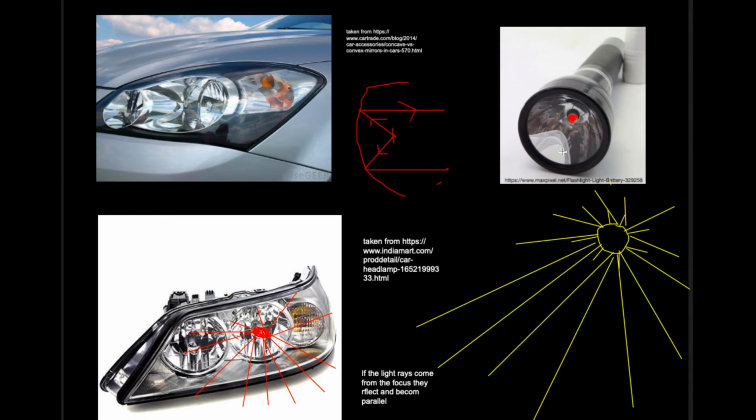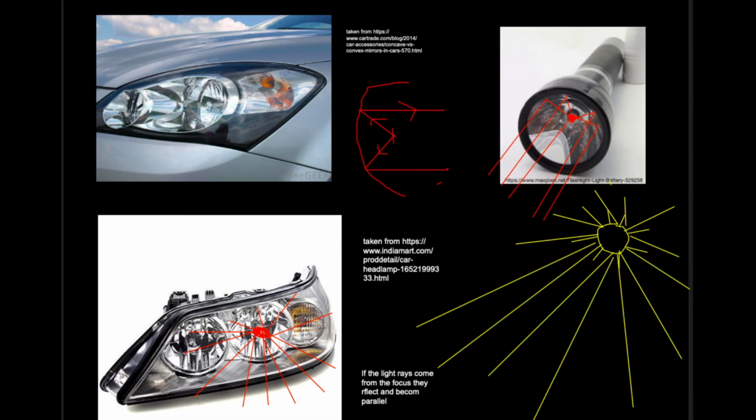You can see this part is the concave mirror, sorry. So the light rays which would hit this would reflect and become parallel. So this is what happens to these light rays.